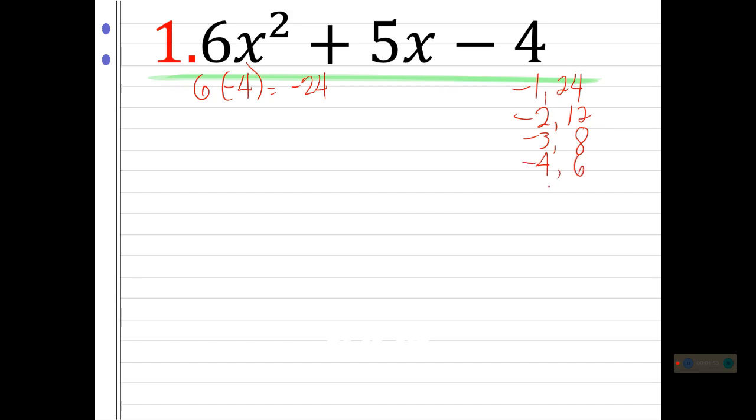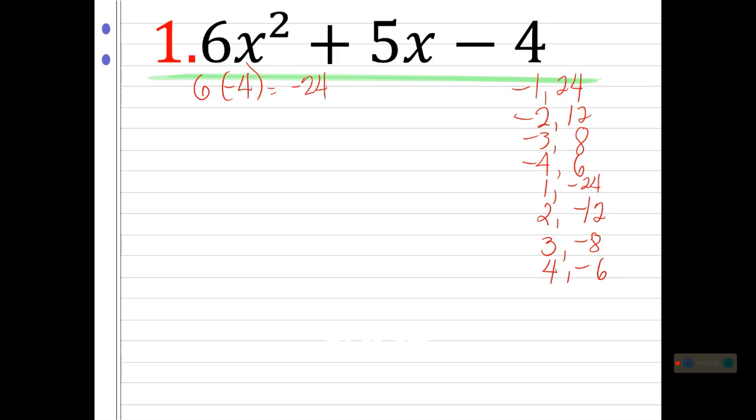If we reverse the signs, we have 1 times negative 24, 2 times negative 12, 3 times negative 8, and 4 times negative 6.